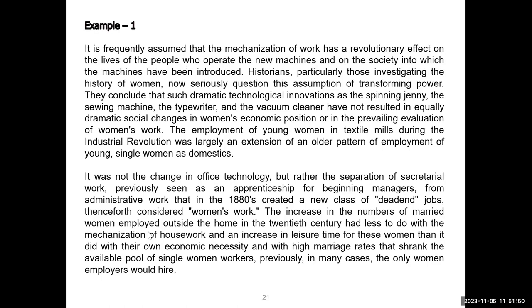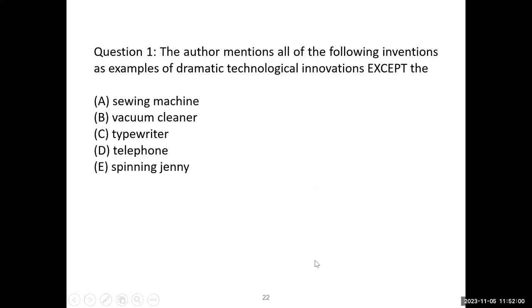Now, there were two questions on supporting ideas. This is a real passage that has appeared in your GRE exam, right? The first question is saying, the author mentions all of the following inventions as examples of dramatic technological innovations, except the what is not mentioned. Now, let's say you don't know where the answer is.